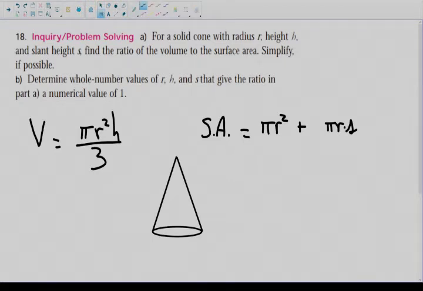Specifically the s, a lot of students will forget. So first of all, the radius would be the radius of the circle. The height of the cone is measured down the interior height here, so that is your h. And the slant height is measured along the edge, like so.